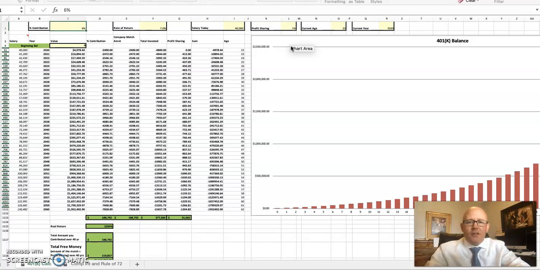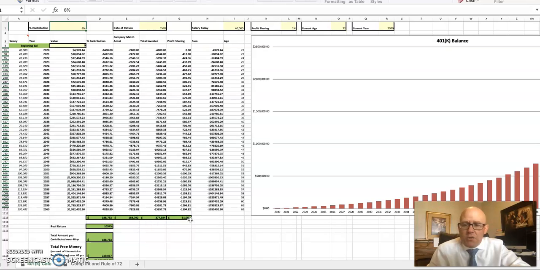Now here's where you need to go into the graph to see what some of the answers were. At the bottom here, what was the amount that you contributed? It's right here, 188,719. The amount that the company contributed was right next to it, 188,719.